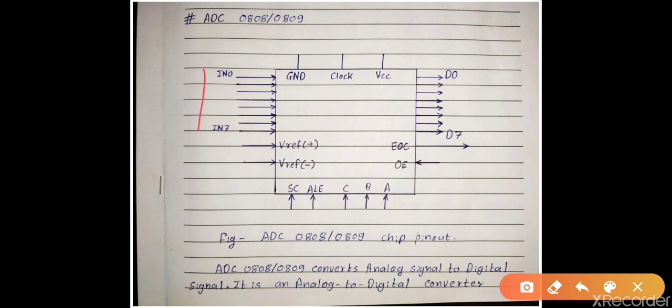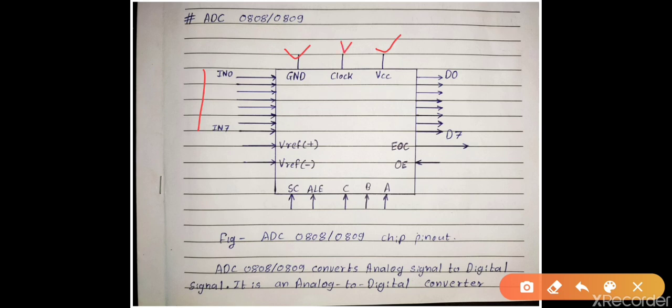These are analog input channels, meaning by using these channels you can give analog input to ADC. You can select any one of the 8 channels. Next there is a ground pin and a VCC pin.